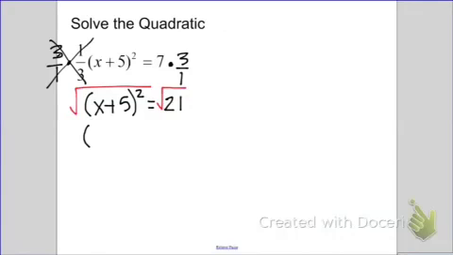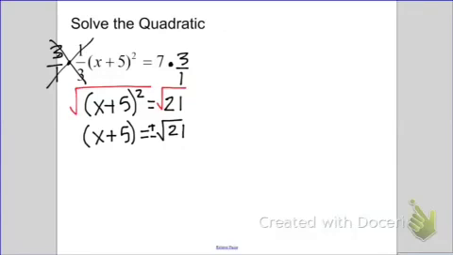There's no more exponent now, so it's x plus 5, and then plus or minus square root 21. Because I put square root, I have to put positive and negative. Now the 21 is made from a 7 and a 3. Neither of those are perfect squares, so I cannot simplify that square root 21 anymore.